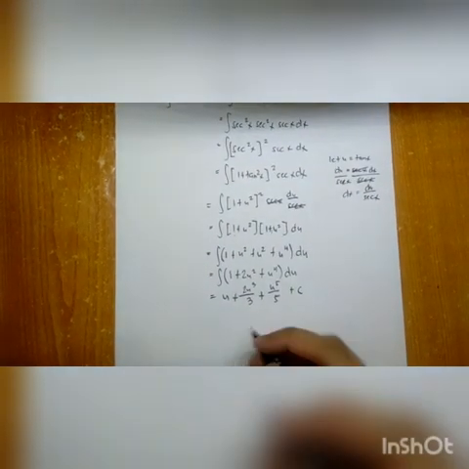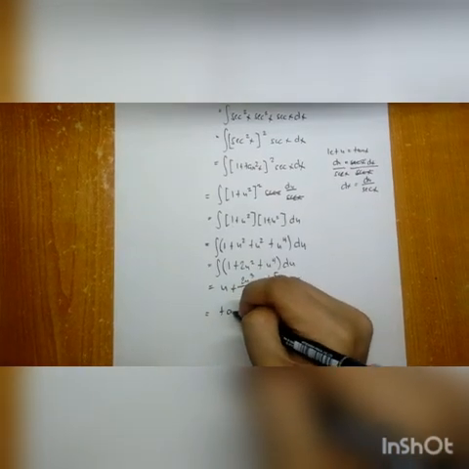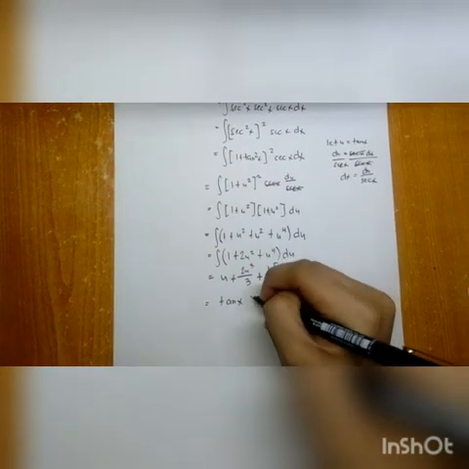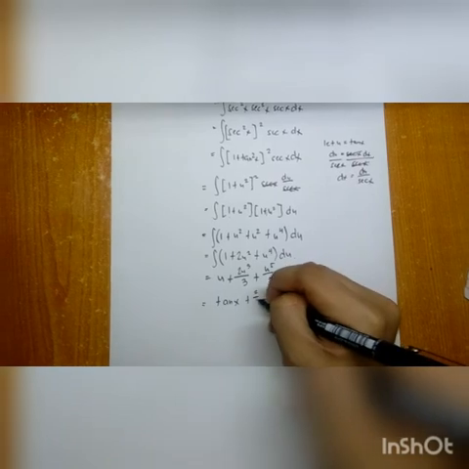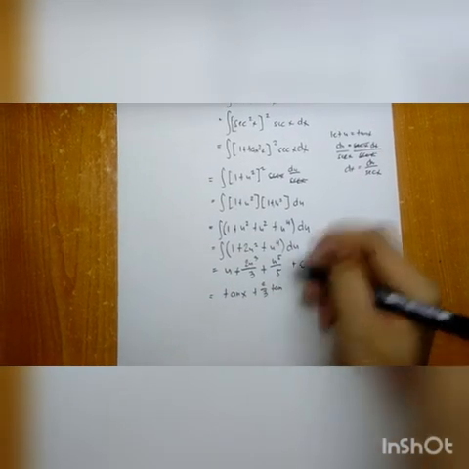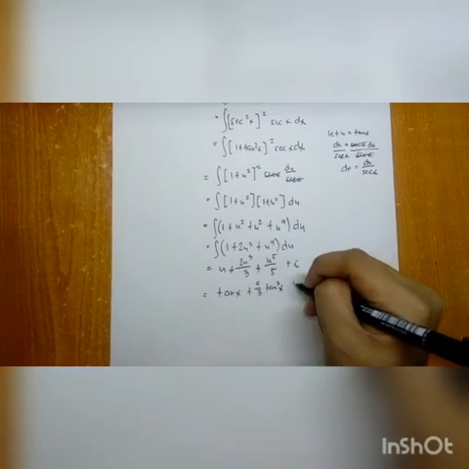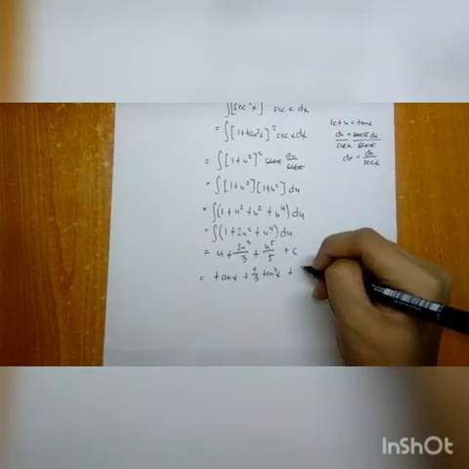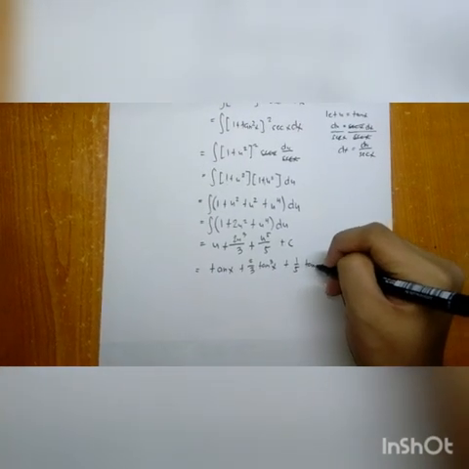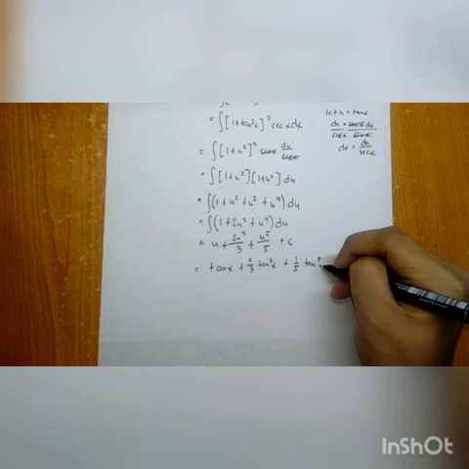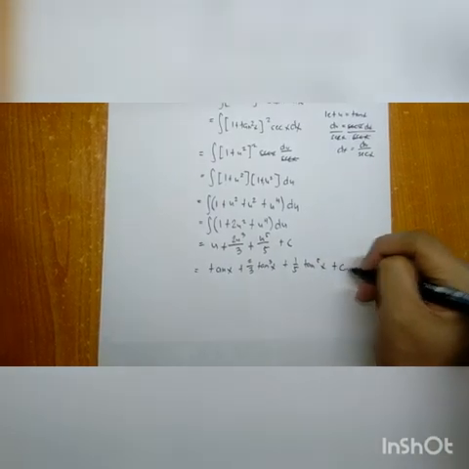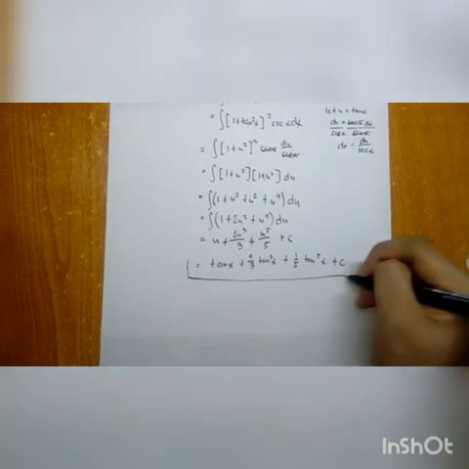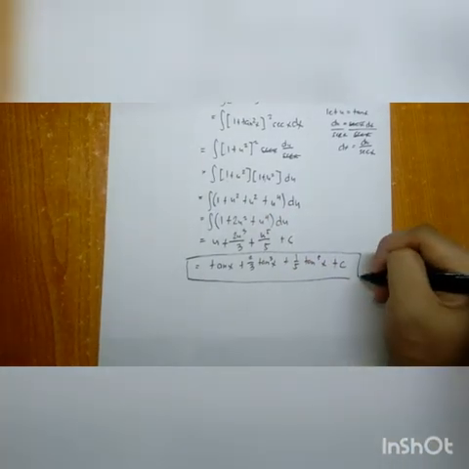So, replacing u, this will become equal to tangent x plus 2/3 tangent cubed x plus 1/5 tangent raised to the 5th x plus c. This is our answer.